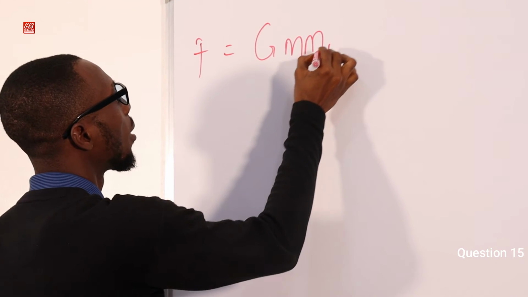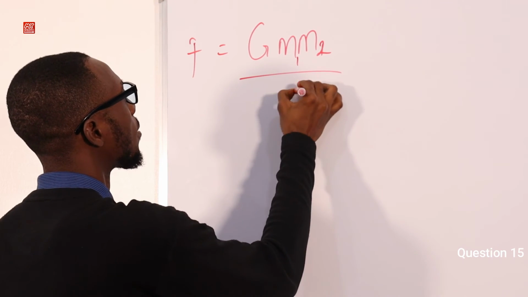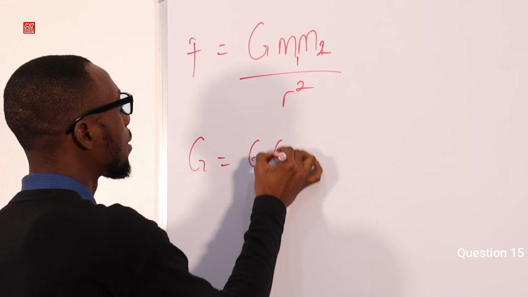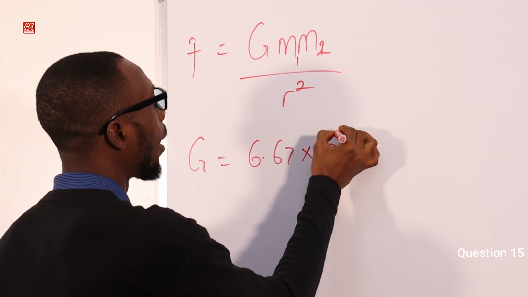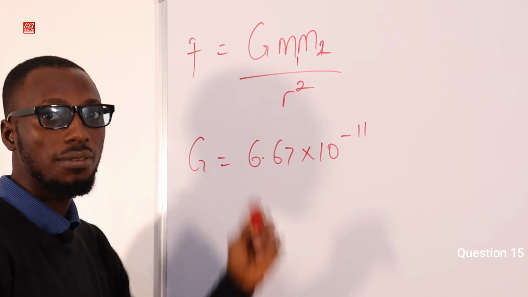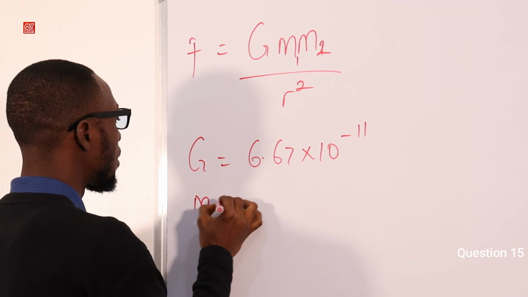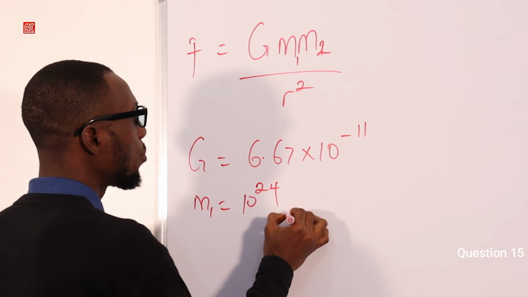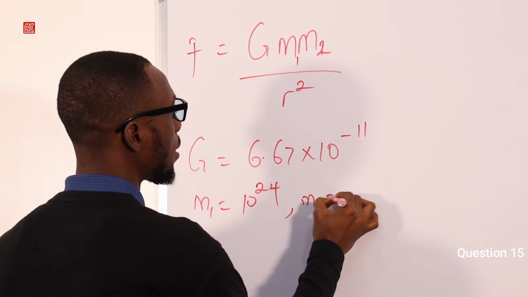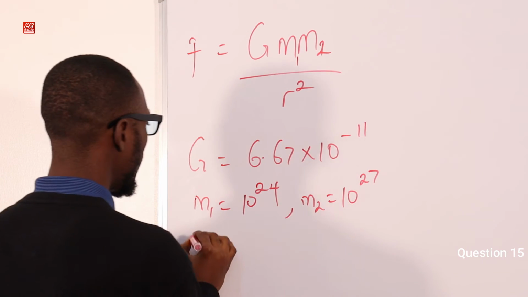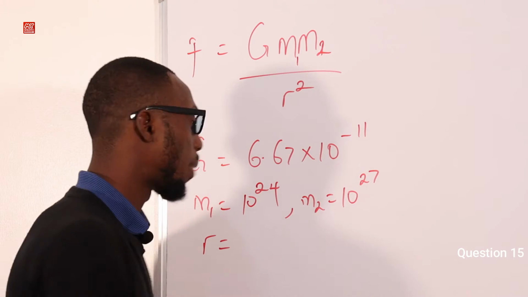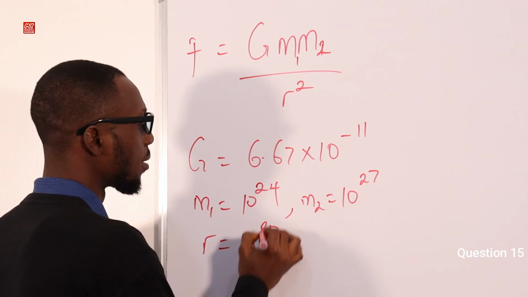This is your gravitation constant, and it has a value of 6.67 times 10 raised to the power minus 11. We are given m1 as 10 raised to the power 24 and m2 as 10 raised to the power 27, and we're given the distance r as 10 raised to the power 20 meters.